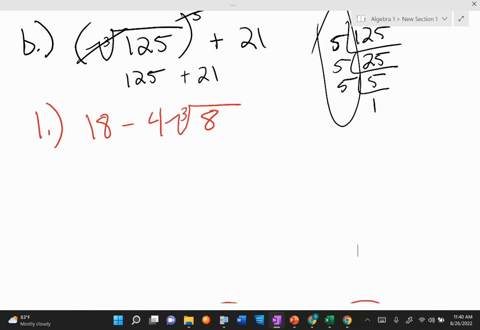Two times 4. Take it. 18 minus 8. Some have it. We're not doing 2 to the third power. Okay, so then it's just 18 minus 2.